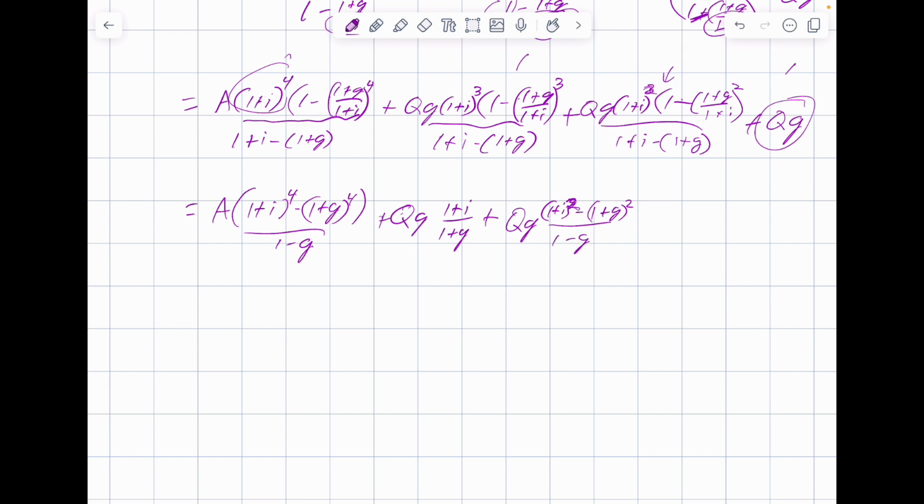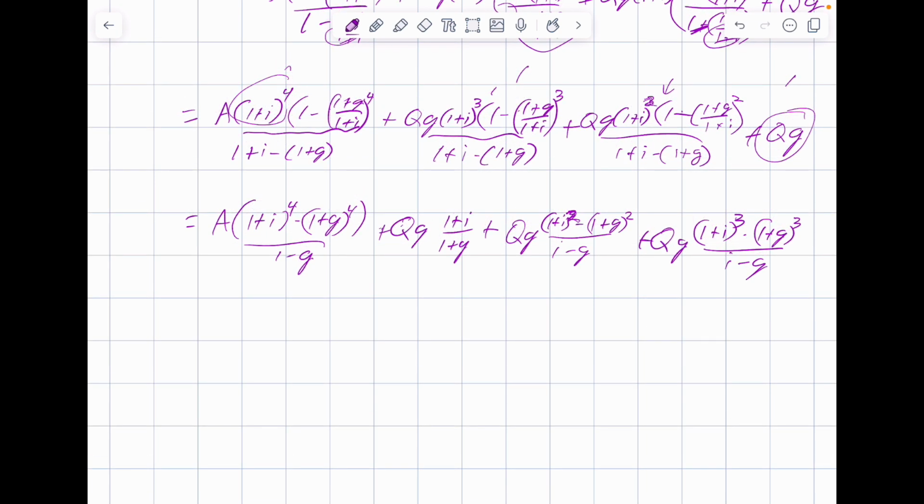This is supposed to be 2 over 1 minus g plus qg 1 plus I to the 3 here. I'll do this term. I'm sorry, this is supposed to be 1 minus g. And this is 1 plus I minus 1 plus g, both top and bottom.